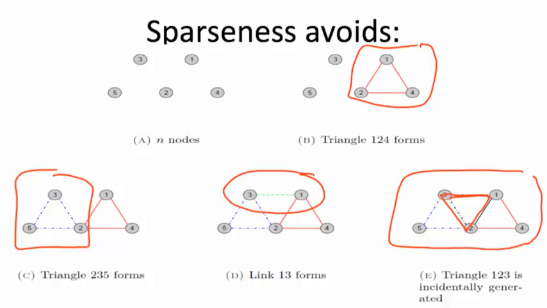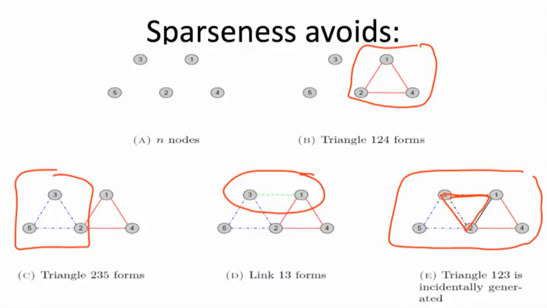And so that makes it more difficult to figure out how prevalent it was that nature picked triangles or picked links. What sparseness does is it means that nature's picking relatively few links compared to the overall number of links, and so it tends not to form too many extra triangles. If the prevalence of these things is relatively low, which is true in most social networks we look at, I mean, I'm not connected to many people out of the world.